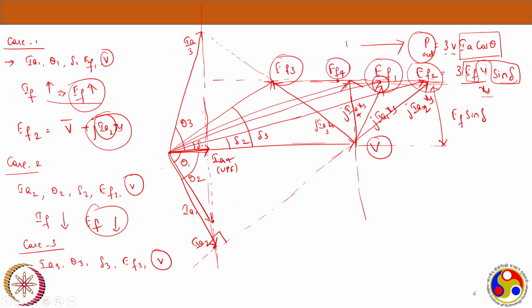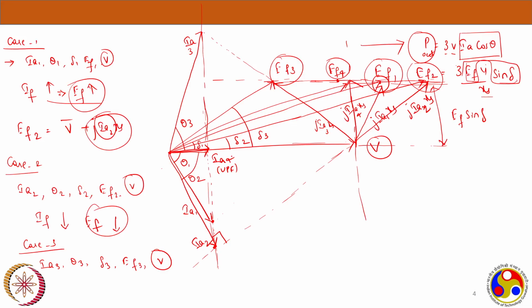Now we can draw a curve showing how we observe the different armature currents while I'm changing the excitation. Excitation voltage means I'm varying the field current IF. So for different variations of my excitation, you can see clearly how my armature current varies.